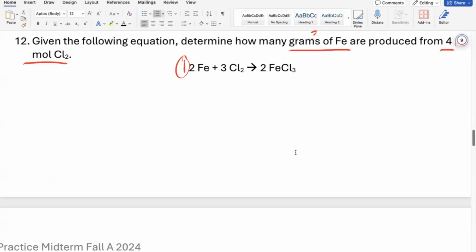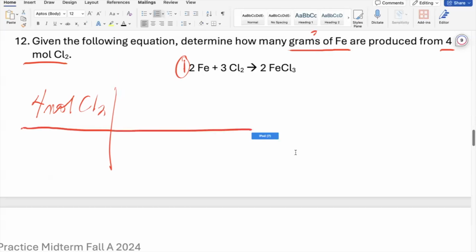I'm going to start with my given, 4 moles of Cl2. To switch substances, I need to be in moles. If I was given grams, I would need to go to moles next, but since I'm given moles, I can go ahead and switch substances. I'm going to use the coefficients in the balanced equation to do that.